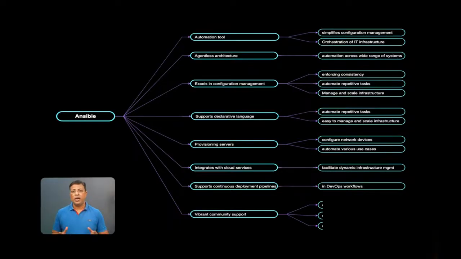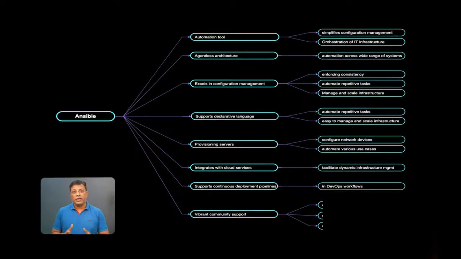Ansible excels in configuration management by enforcing consistency and automating repetitive tasks. Its declarative language ensures a desired state configuration, making it easy to manage and scale infrastructure, from provisioning servers to configuring network devices. Ansible streamlines various automation use cases.